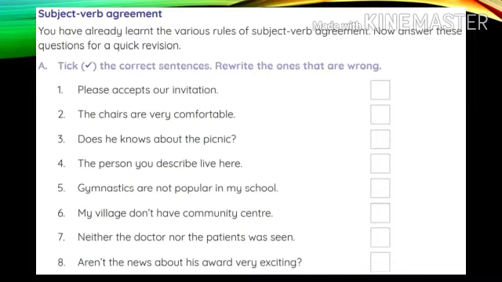If there is only one subject, it has to agree with the verb. For example, she sings a song. She is a subject, isn't it? Since she is singular, we use the verb in a singular form, that is sings. Okay, she sings a song.